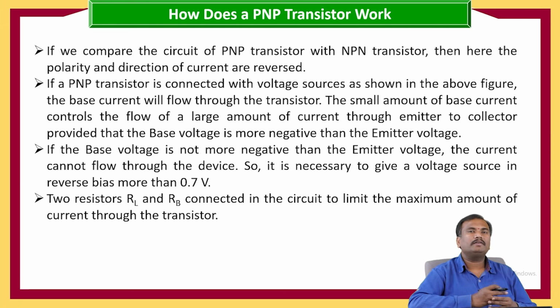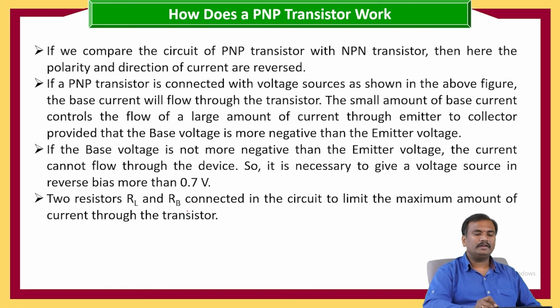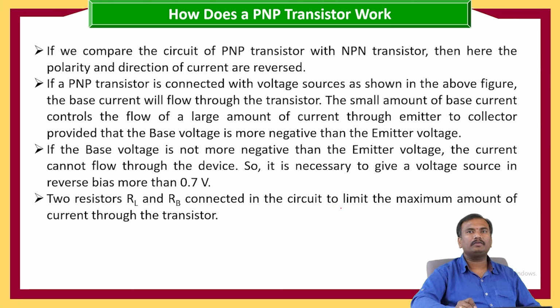We have to maintain the bias voltage more than the cut-in voltage, 0.7 volts, of the diode or two layers which we are connecting. The two resistors RL and RB are connected in the circuit to limit the maximum amount of current through the transistor.